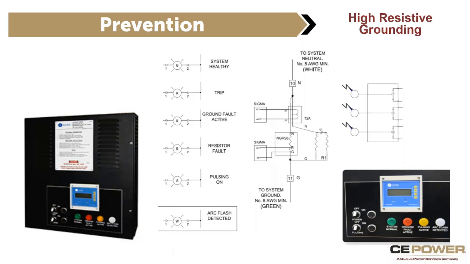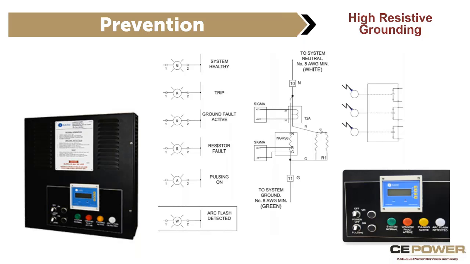As far as prevention goes, probably 95% of the United States is designed and built around solidly grounded systems, except those of you out there in the paper industry, pharmaceutical industry, that go with high resistance grounding. But essentially what that's doing is limiting the line to ground fault.